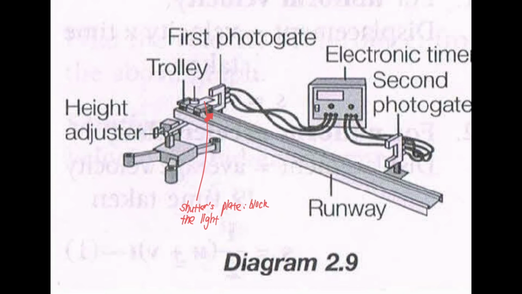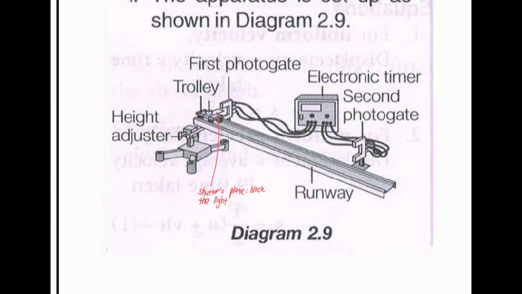Okay, so the light is moving from here to here, but when the trolley passes through the first Photogate, it blocks the light, and at that moment the electronic timer will start calculating the time.